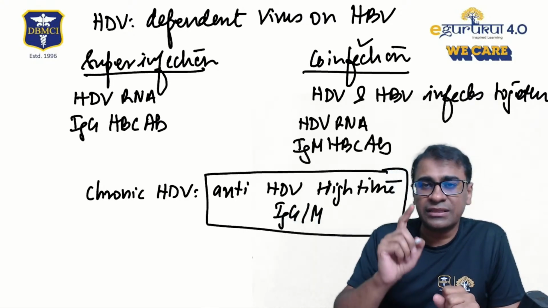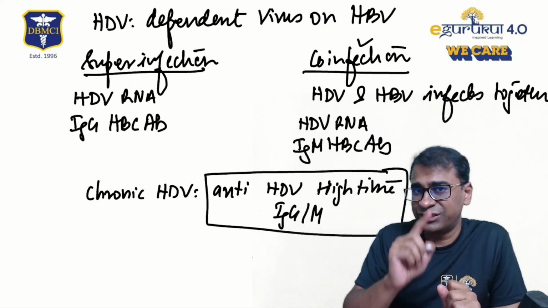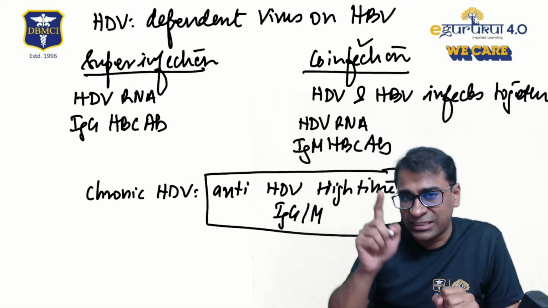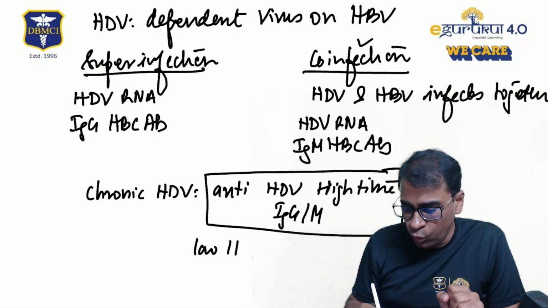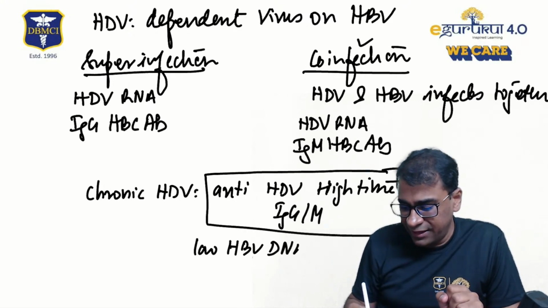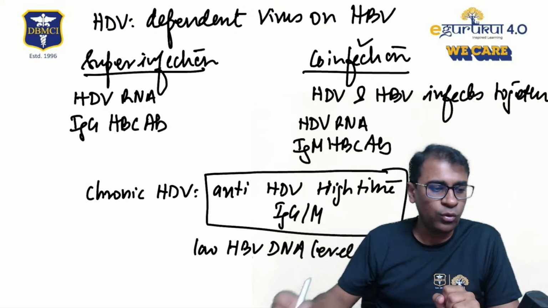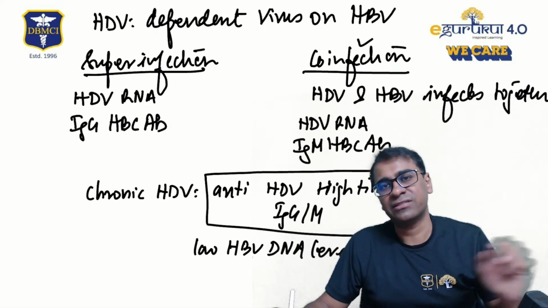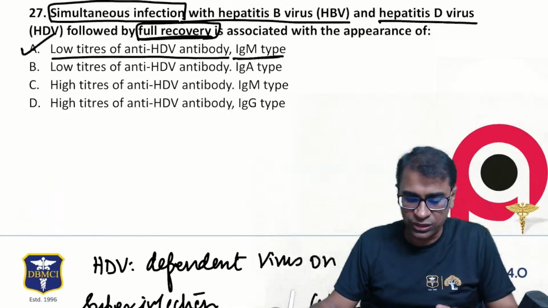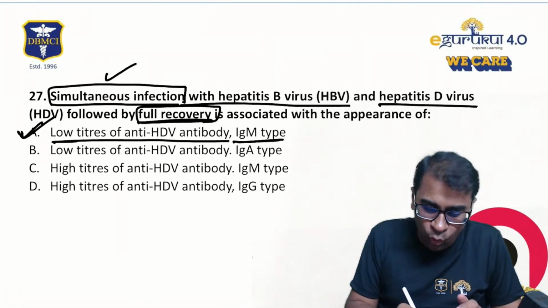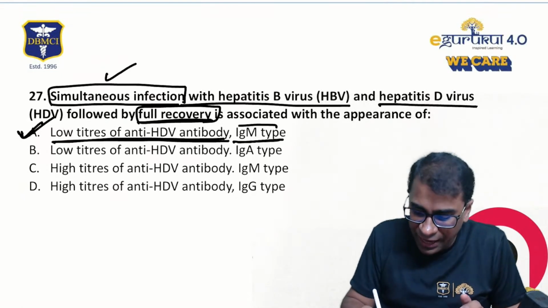And remember one thing: because of HDV replication, HBV is not able to replicate, and therefore you often get low HBV DNA levels. That is how you must understand the entire topic. The right answer to this question is A, low titer of HDV IgM type.